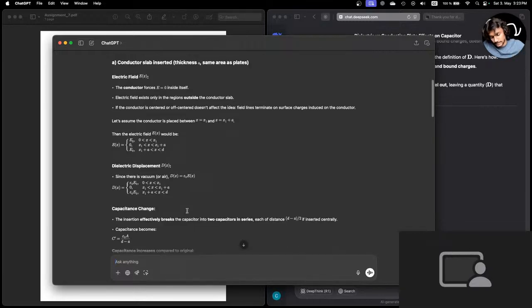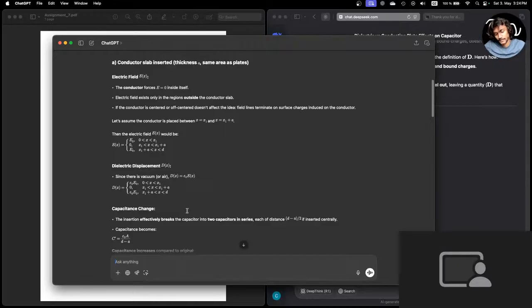So the dielectric displacement D of x equals epsilon 0 E of x, since there is no dielectric material, therefore no bound charges.